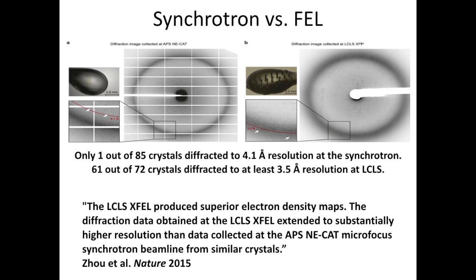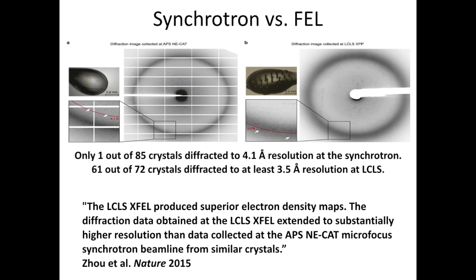And also there are comparisons of data between synchrotron and FEL, showing that you can get better quality data at an FEL compared to the synchrotron, which for me is kind of expected, especially if you have things which are fragile and you have radiation damage going on at the synchrotron.